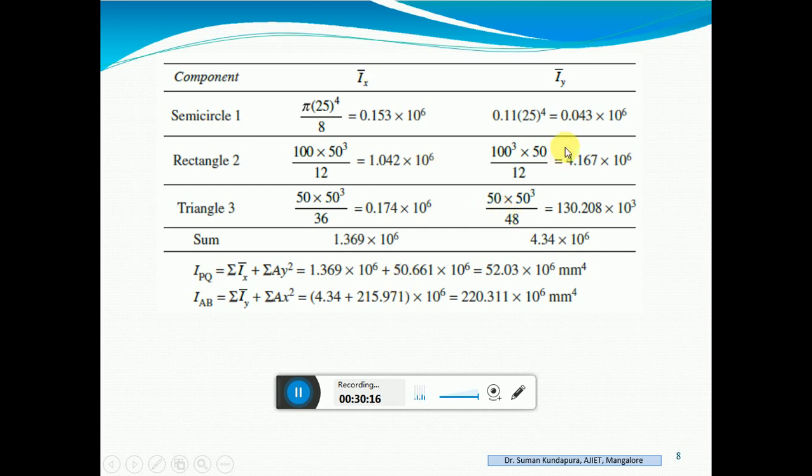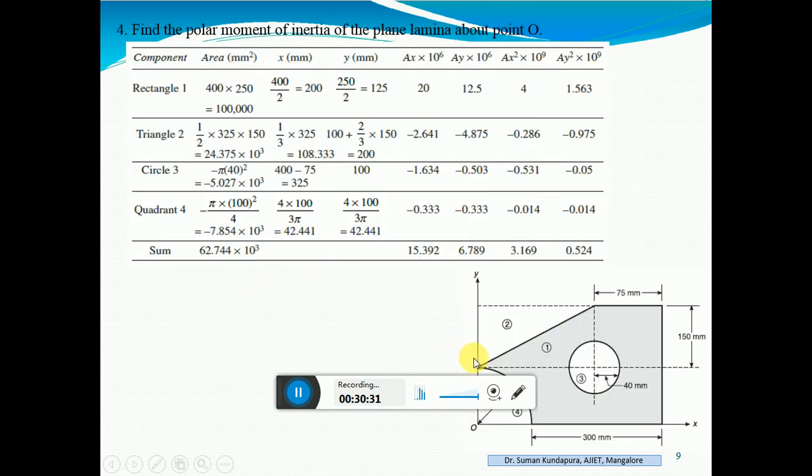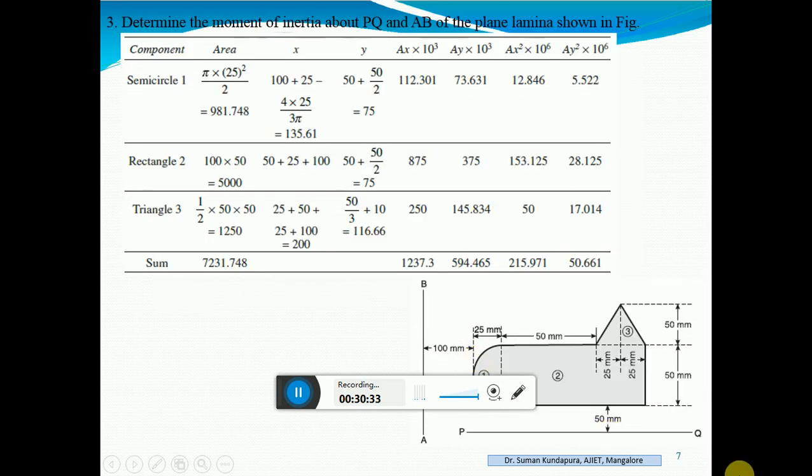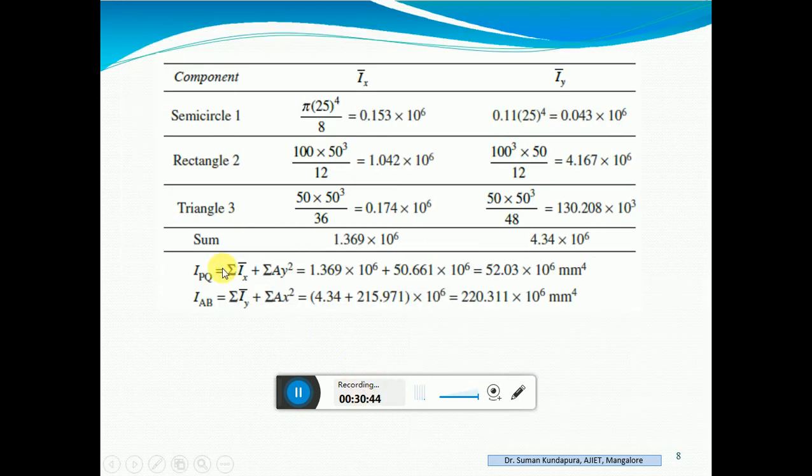So sum up everything and substitute in the formula, similar to that of the reference axis, IPQ and IAB. IPQ is equal to summation of Ix bar, because PQ is parallel to the x axis, it passes somewhere here through the centroidal axis, Ix bar plus summation Ay square.